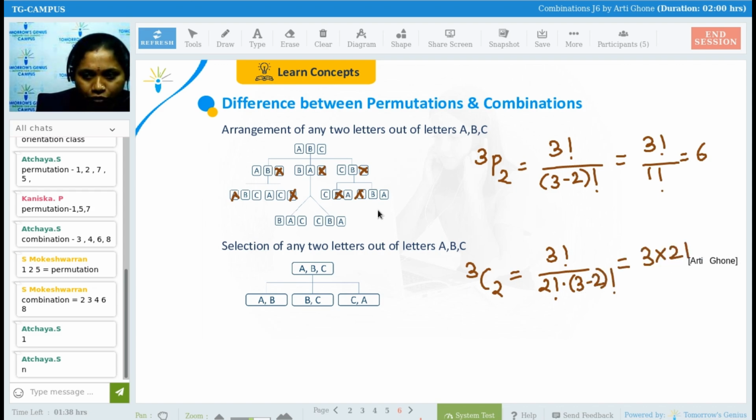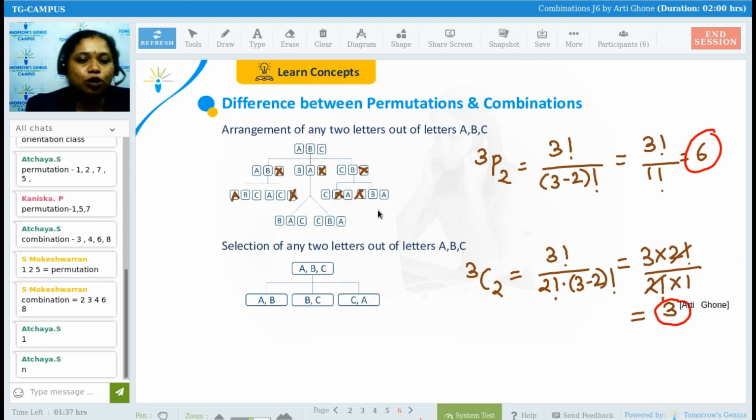So it is 3 into 2 factorial upon 2 factorial into 1. So 2 factorial gets cancelled. If it is permutations, obviously the number of ways is greater than combinations. Clear? So this is the difference between permutations and combinations.